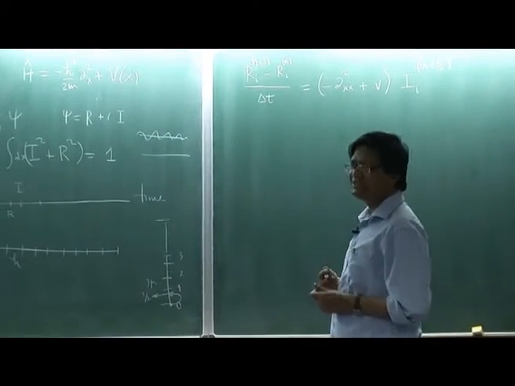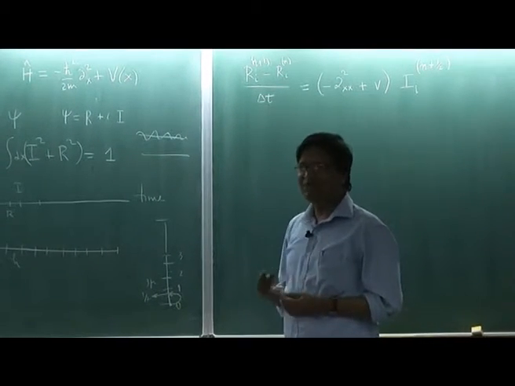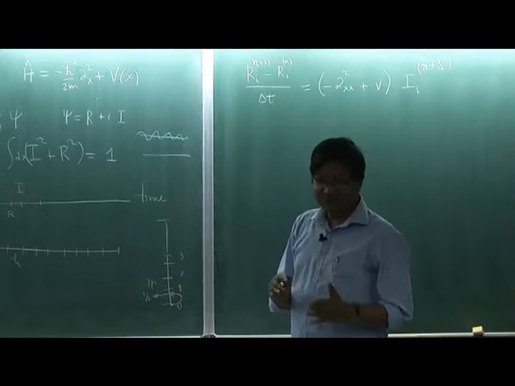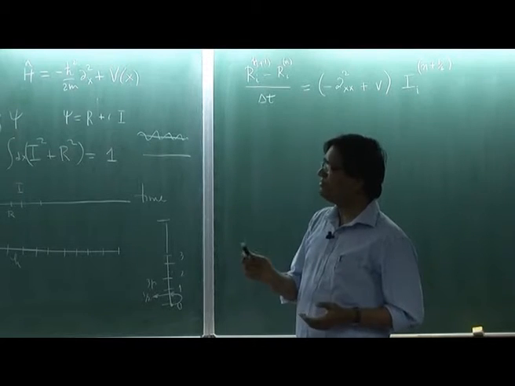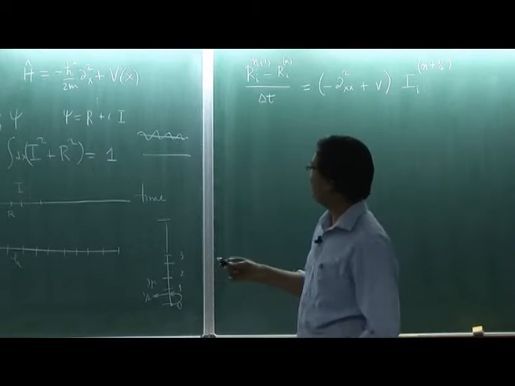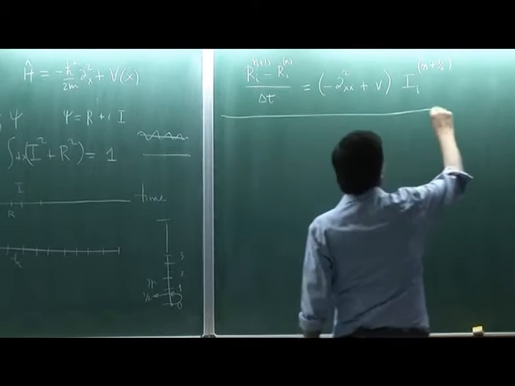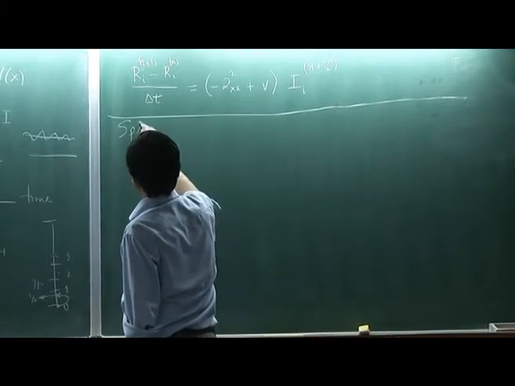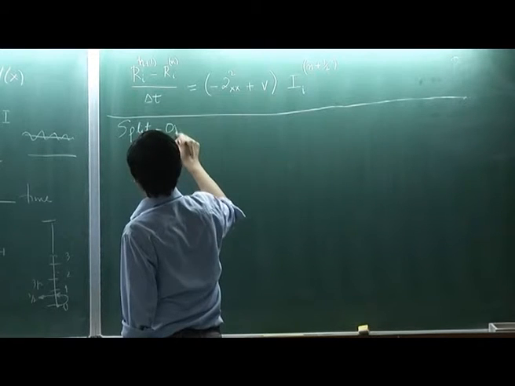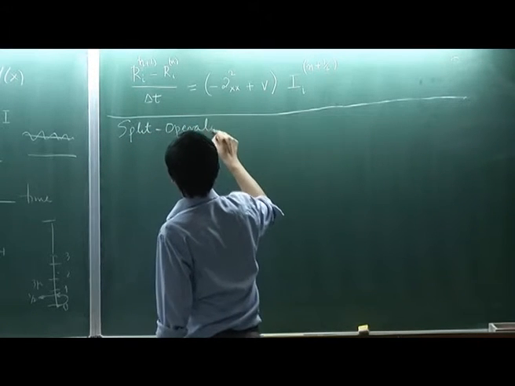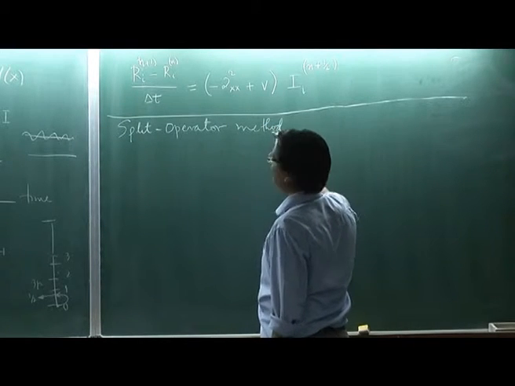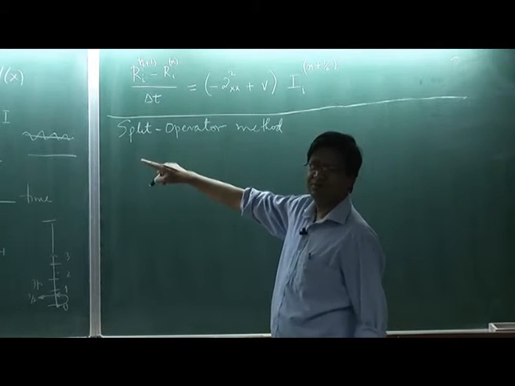There is another way, which I do not recommend because I have not done that method yet, but I will tell you for completeness. This is called the split operator method. Any question on this method?